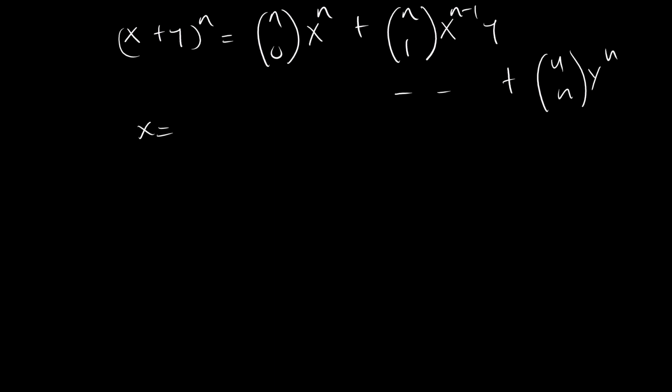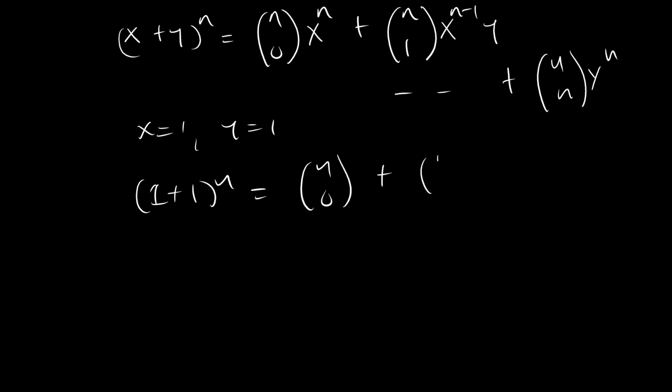Supposing x equals 1 and y equals 1, so that we have 1 plus 1 to the power n, that's the same as n choose 0 plus n choose 1 all the way up to n choose n.